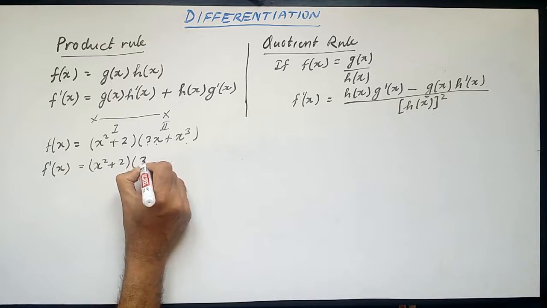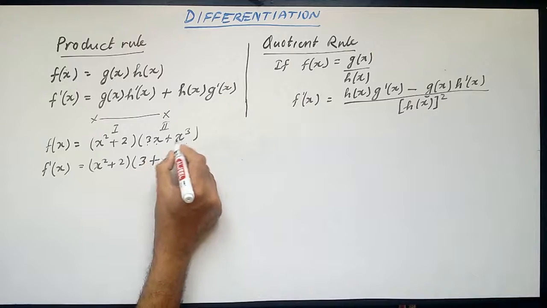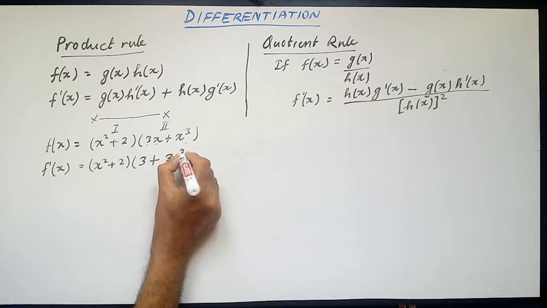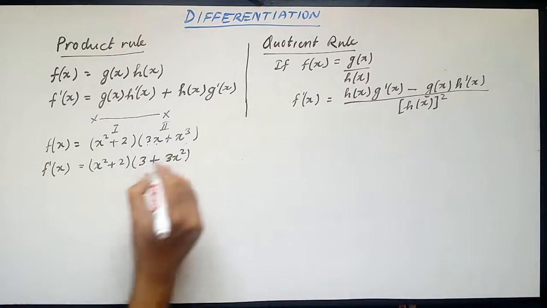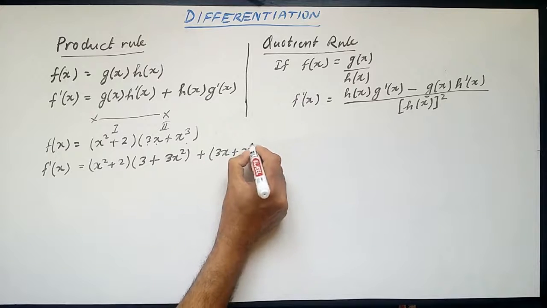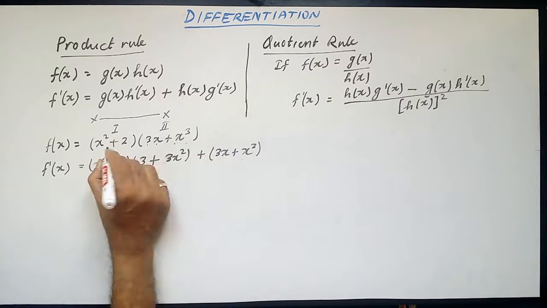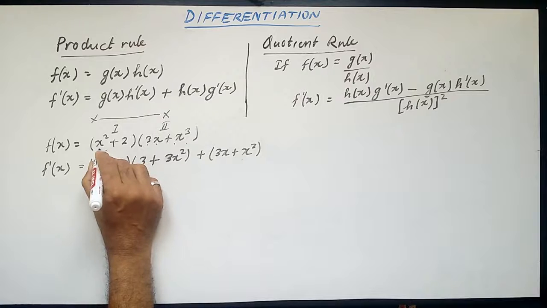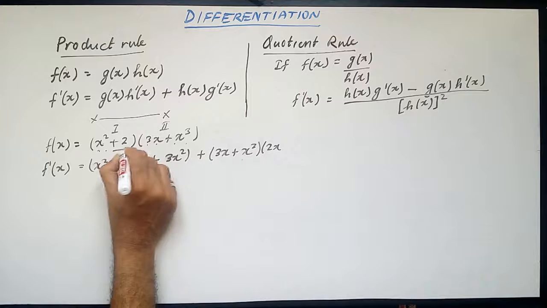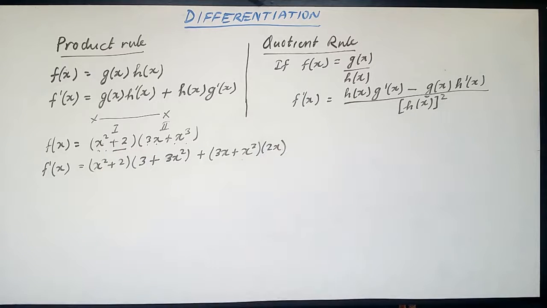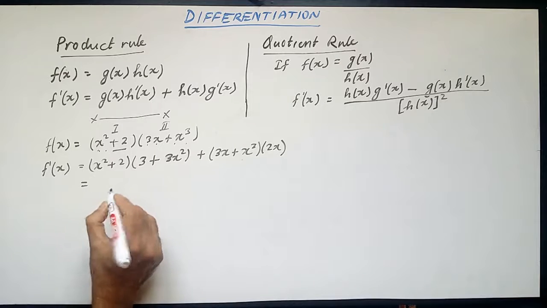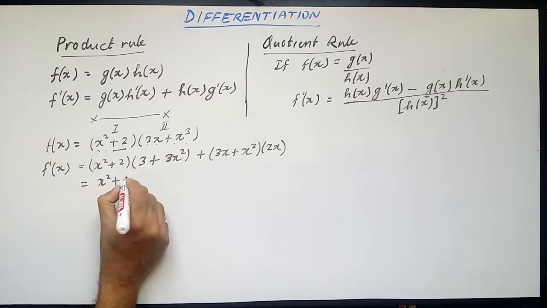Differentiation of 3x gives us 3, and differentiation of x cubed gives us 3x squared. Now plus the second function multiplied by the differential of the first function. What is the differential of the first function? Differential of x squared is 2x, and the differentiation of 2 is 0, so it's only 2x.